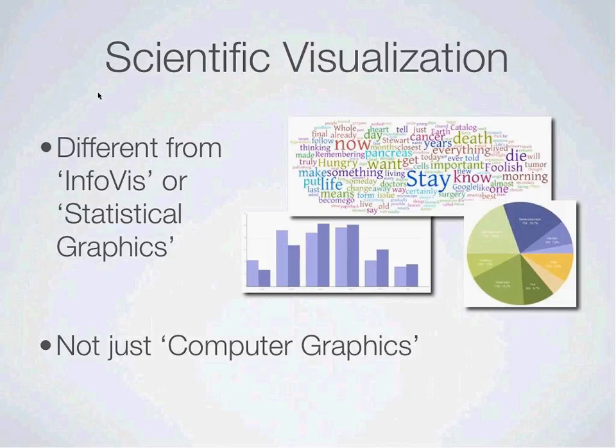A few clarifications here, as being different from other kinds of viz you probably have seen, like info viz. Basically, in publications or newspapers you'll see these kinds of infographics, pie charts, bar graphs, these word clouds that I show on here.